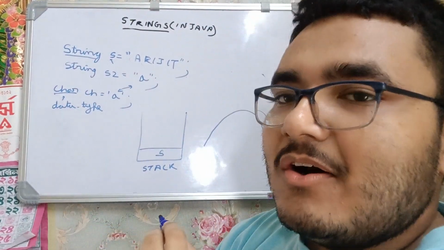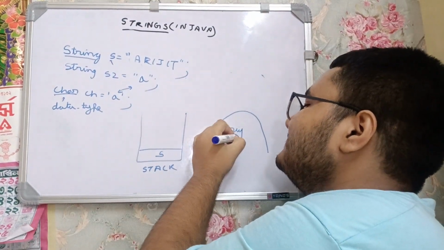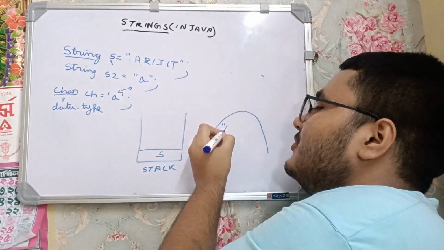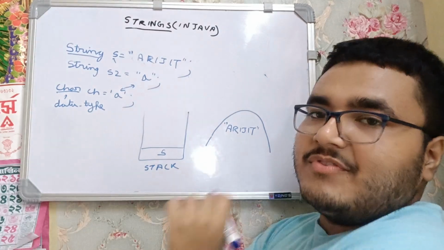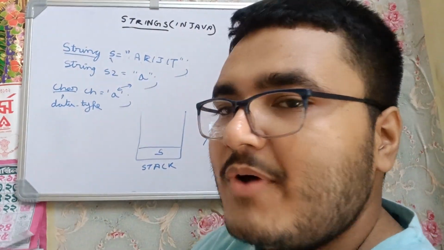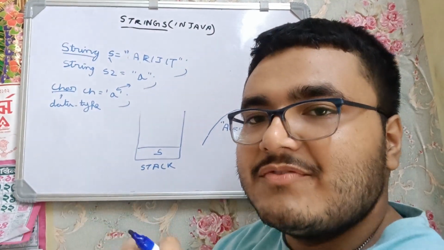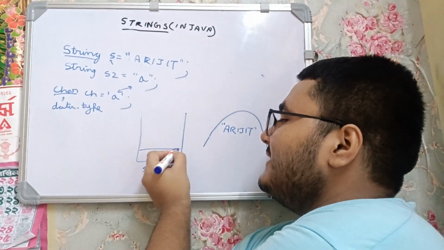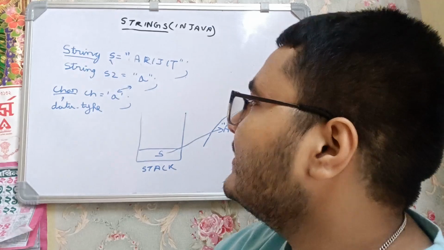When you are writing Origin, there is a value coming, Origin, in capital, I have written, so here it should also be capital. So as with every variable, in the stack we have the variables, right? So this s will be pointing to Origin in the heap memory.